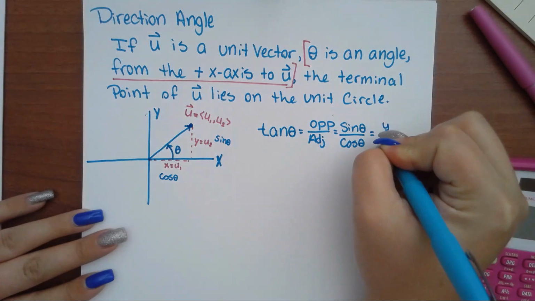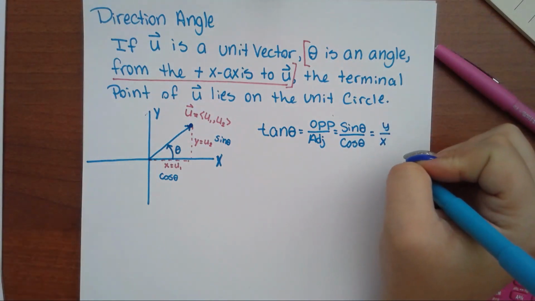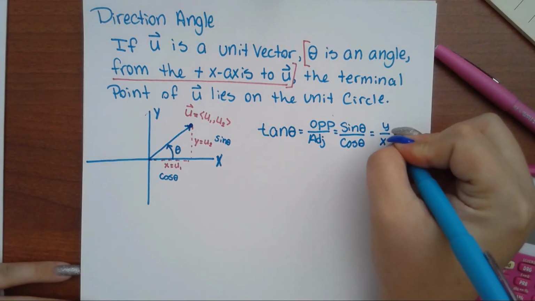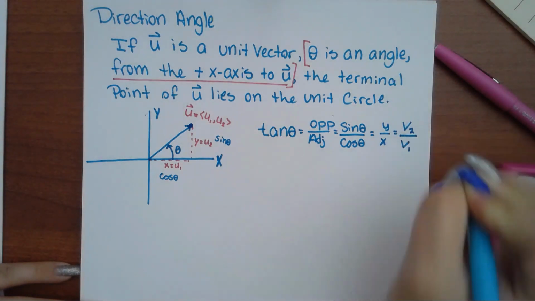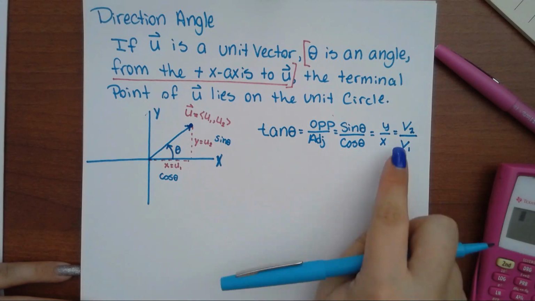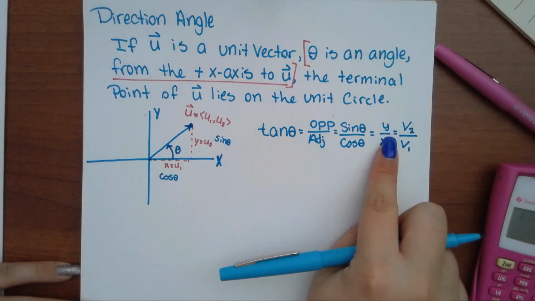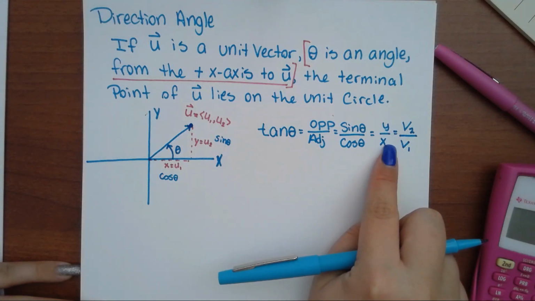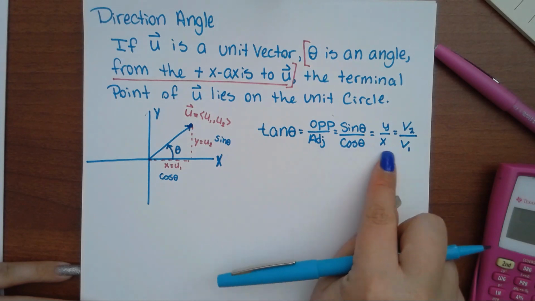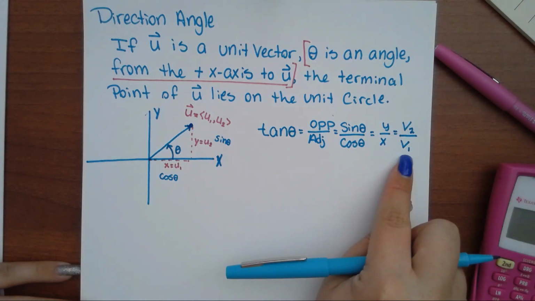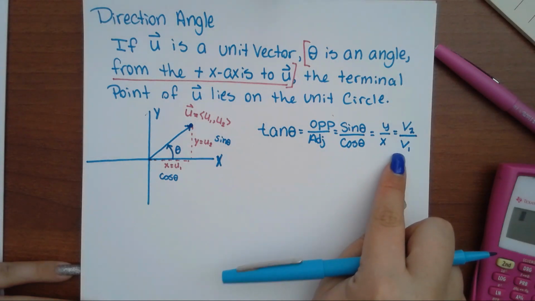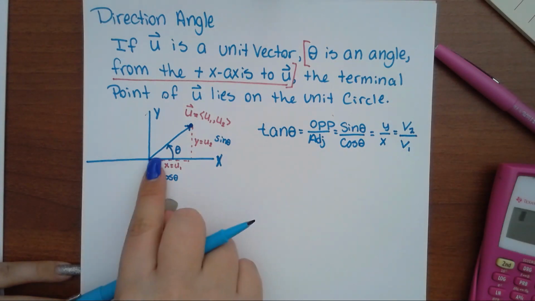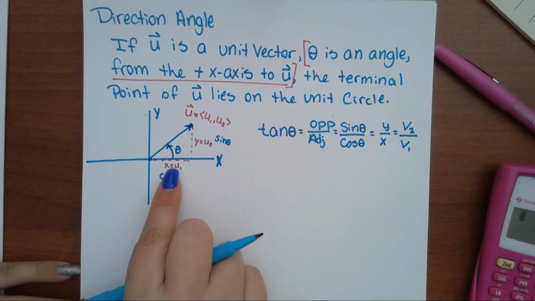Or if we're talking now in our case, it would be v2 for our vector over v1. Okay, that's the y component of the vector over the x component of the vector. So this is all the same formula you should recognize from all the different units that we've done, but we're utilizing it in a vector notation. So to find this angle here, you choose the opposite side over the adjacent side because those are the sides that you have. You have those coordinates.